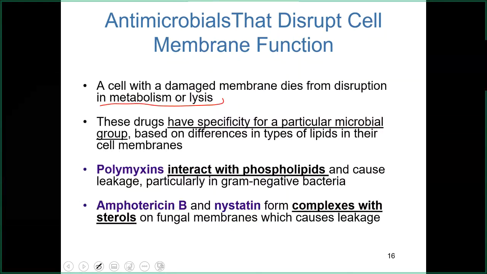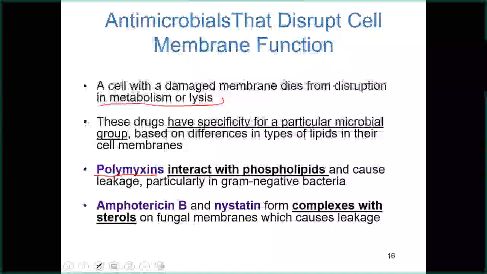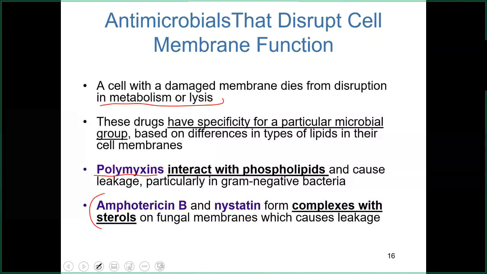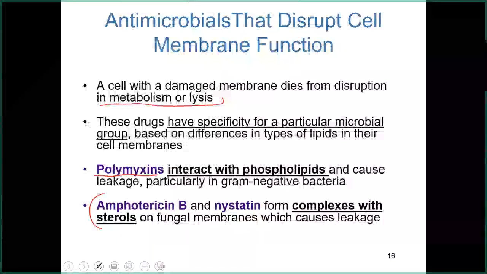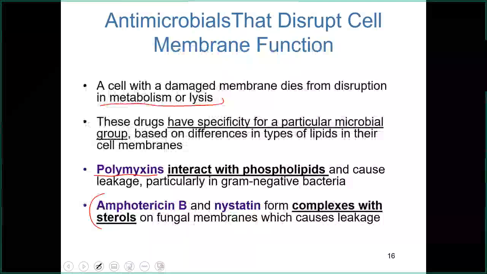Some of them act as surfactants. So yes, your polymyxins. And then these drugs down here are primarily utilized against fungal infections, amphotericin B and nystatin. They complex with the sterols, things that are cholesterol-like, in the fungal cell membrane. And so some of these drugs are utilized for dealing with fungal infection as well.